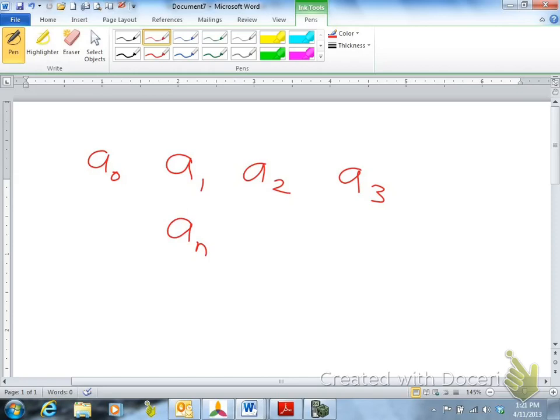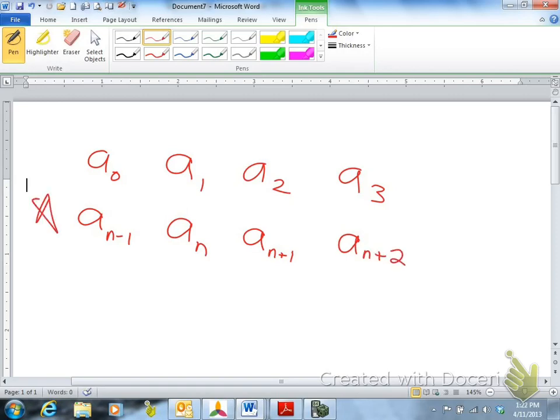The term after a sub n would be a sub n plus 1. The term before a sub n would be a sub n minus 1. The term after a sub n plus 1 would be a sub n plus 2.